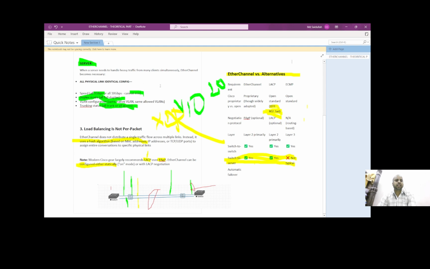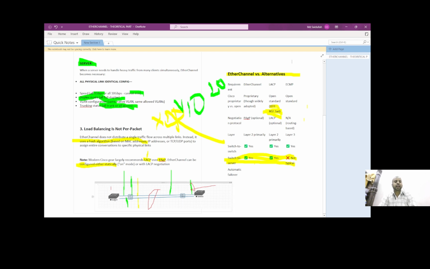A physical link identical configuration. What is the meaning of that? The physical link identical configuration means speed, all. It means both ports, these ports and these ports, have the same speed. Switch 1 and switch 2. You can see here, if switch 1 Gi0/0 and switch 2 Gi0/0, both sides need a 1 gig port.